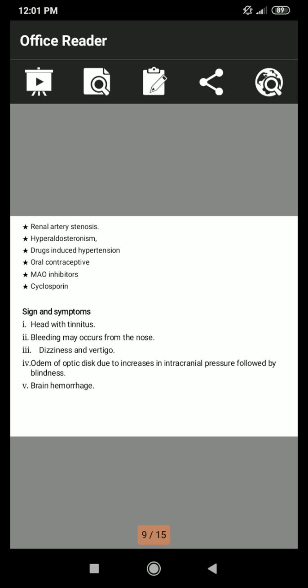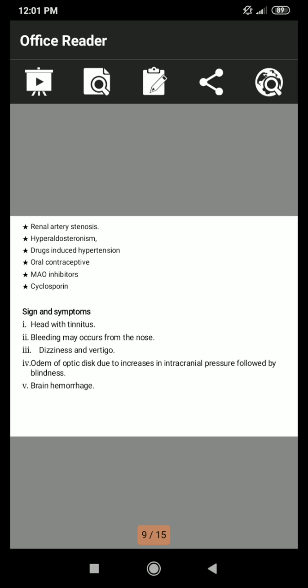Then the signs and symptoms of acquired heart disease. First is headache with tinnitus, a ringing sound in the ear. Second, bleeding may occur from the nose. Third is dizziness and vertigo. Fourth is oedema of the optic disc, also papilledema, due to the increase in intracranial pressure, followed by blindness.